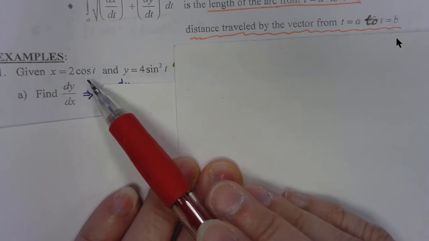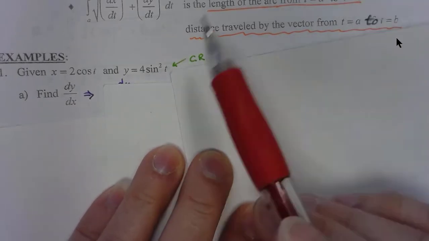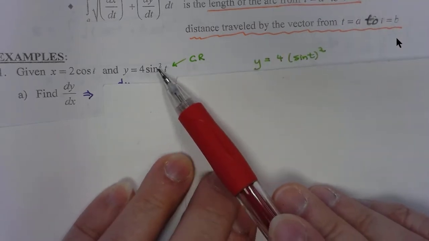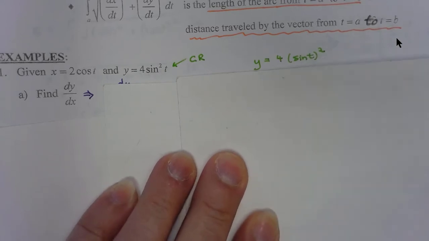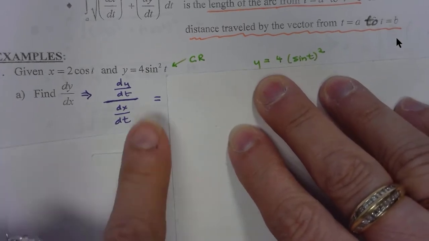We are given that x is 2 cosine t and y is 4 sine squared t. Let us remember, when we take the derivative of that, it is going to be a chain rule, and let us remember that 4 sine squared t is 4 times sine t, the quantity squared. So dy/dx is dy/dt over dx/dt.